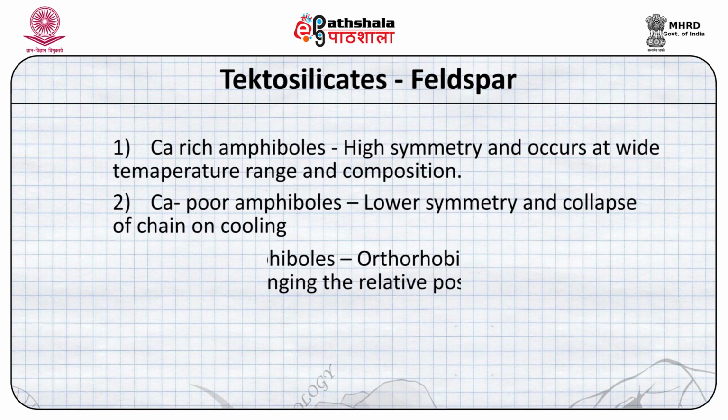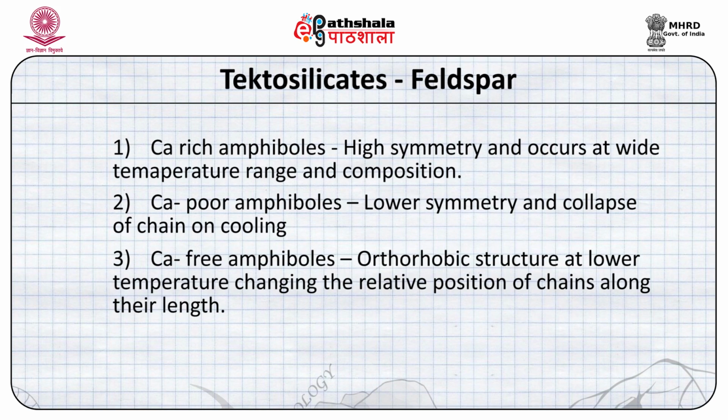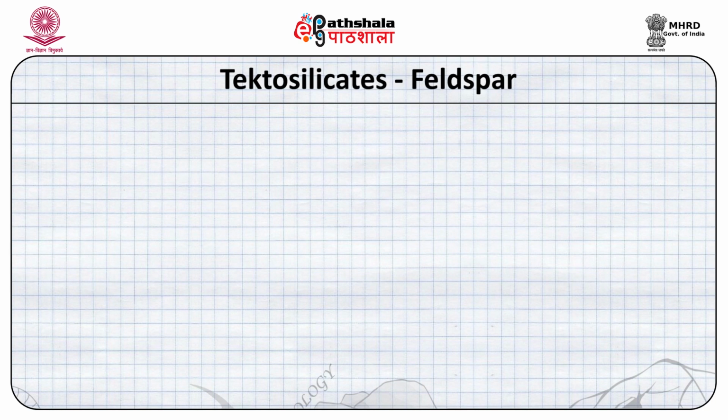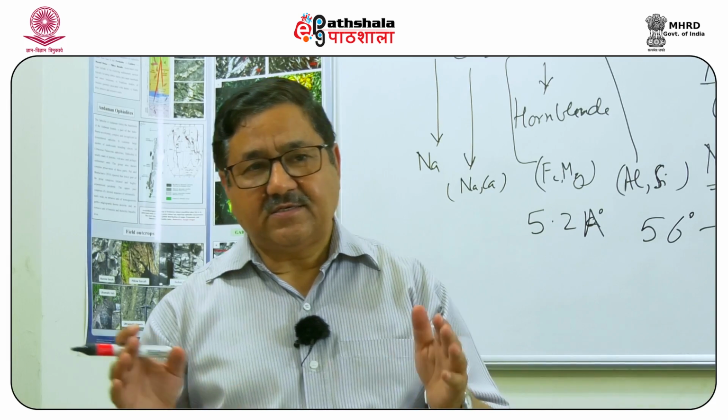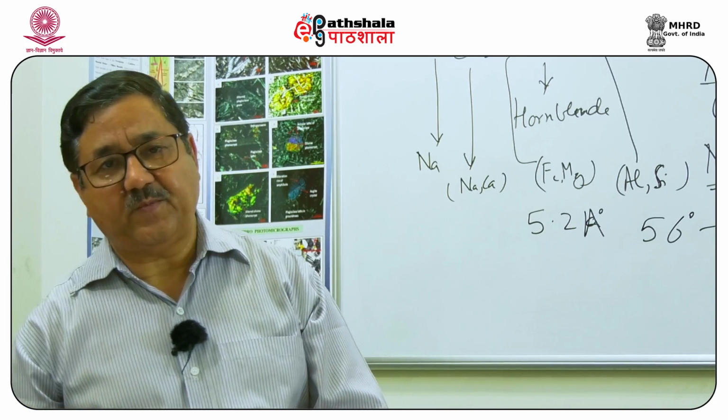Then there are Ca free amphiboles like anthophyllite. They are normally orthorhombic structure and at their lower temperature values, the chains vary in size. And then we have proto-amphiboles, which are high temperature amphiboles, and they occur as pure Mg end members at very high temperatures. So, this is a summary of the types of amphiboles.